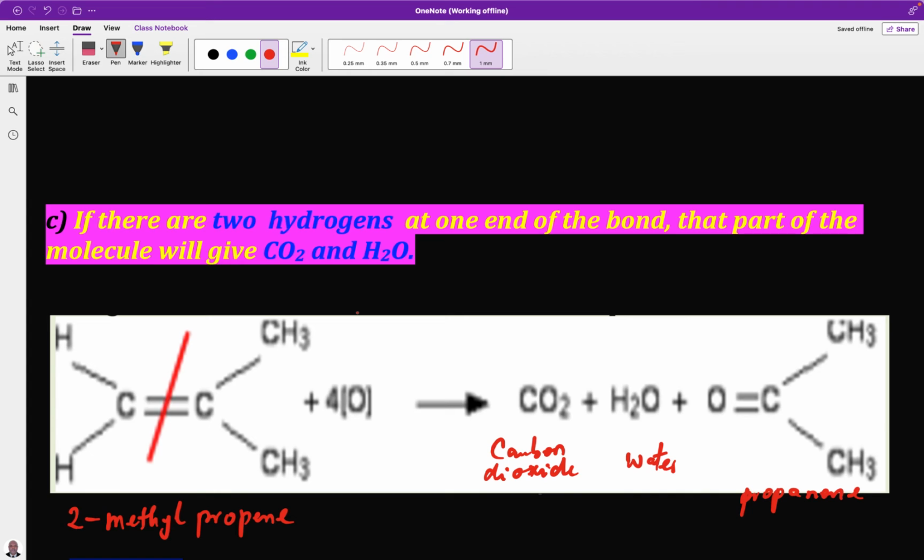Why do I say that? If we split this, what happened? If we split this, we are going to have carbon dioxide and water. So this is how it happens.